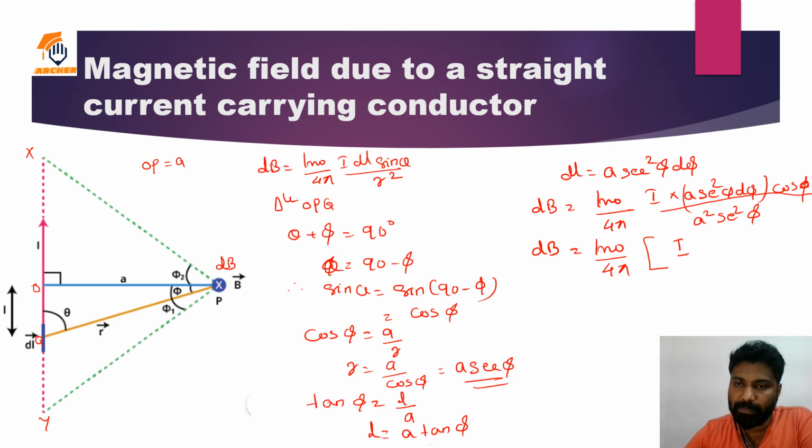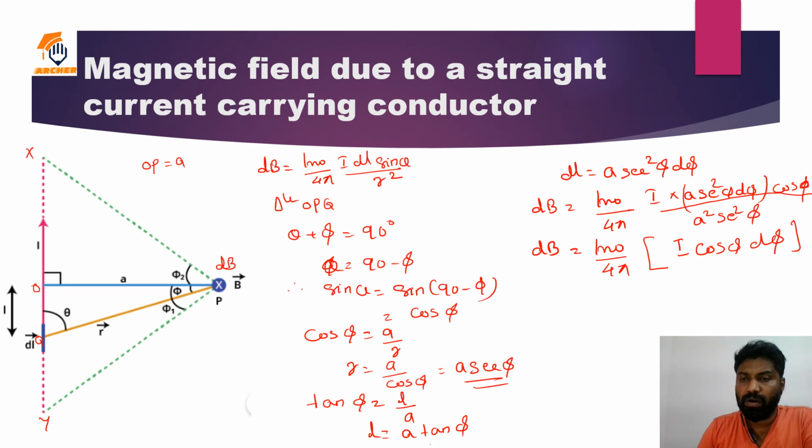So sec square phi will cancel. What do we get here? I into cos phi d phi. So dB is equal to mu 0 by 4 pi I cos phi d phi.